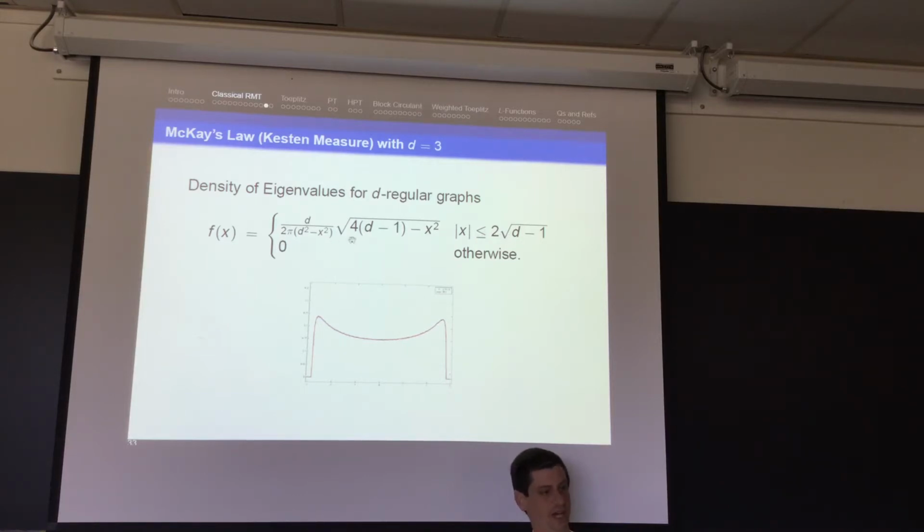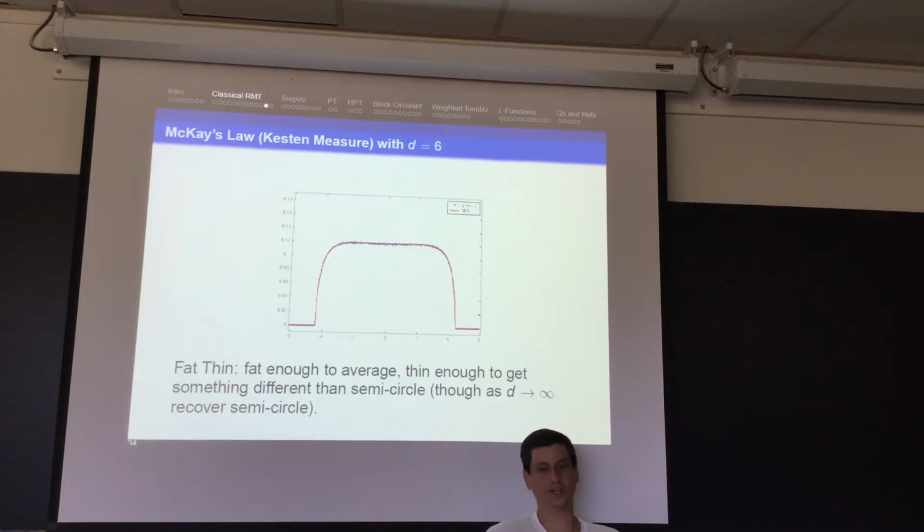When d gets very, very large, x squared is of size d, so d squared minus x squared is about d squared. So this is about a 1 over d outside. So this becomes a constant, and this becomes a semicircle. So as d goes to infinity, the d regular graphs converges to a semicircle. So here's d equals 6, which looks a lot more like a semicircle.